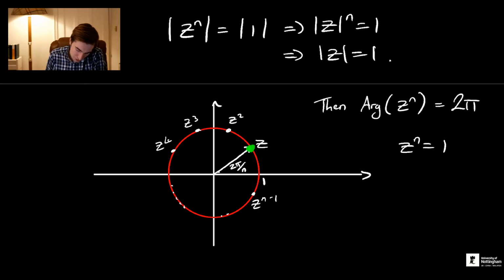If we take our complex numbers and make these the vertices of a polygon, what it forms is a regular n-sided polygon inscribed within a circle of radius 1. So there's some relationship between the geometry of polygons and the solutions to polynomial equations of the form z to the n equals 1 and roots of unity.